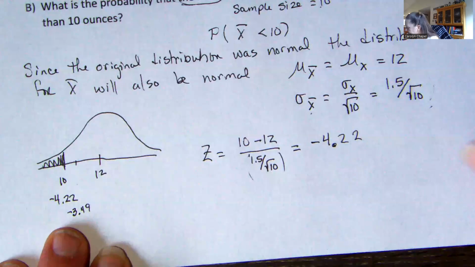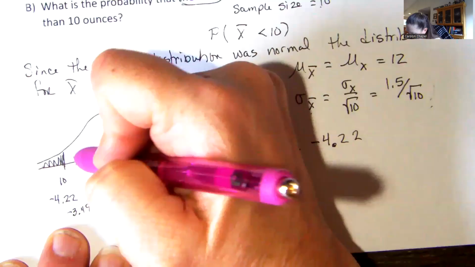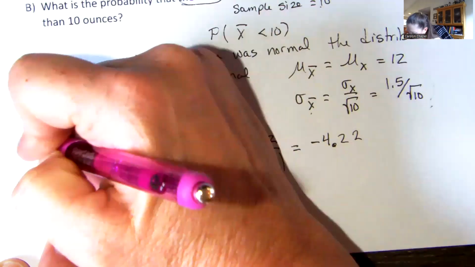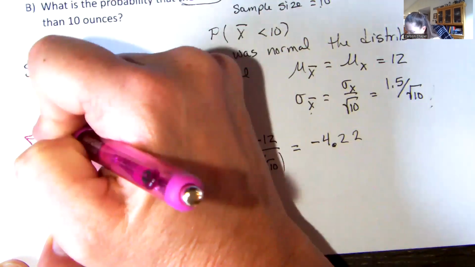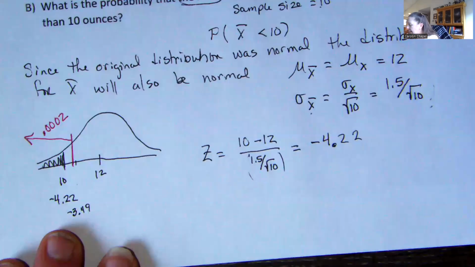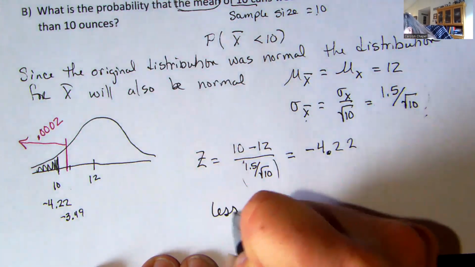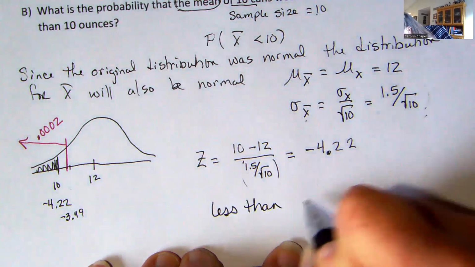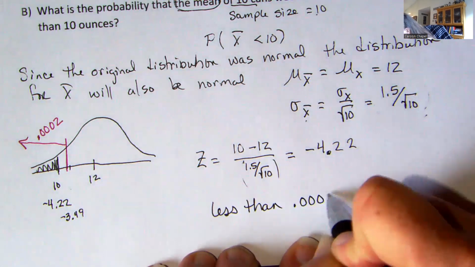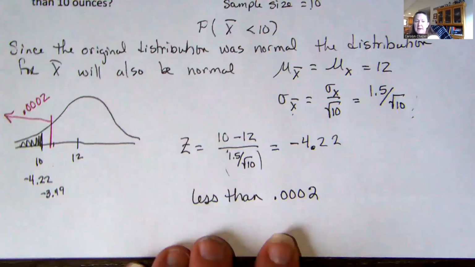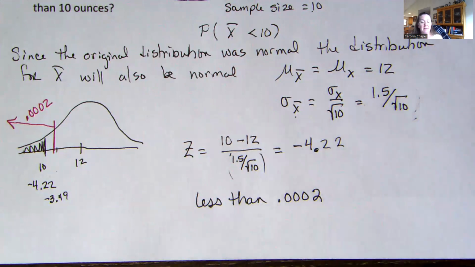So the area there is 0.0002. All I can say is that our probability is going to be less than 0.0002 based on the information I have from the table.